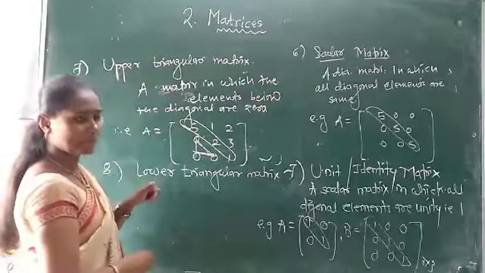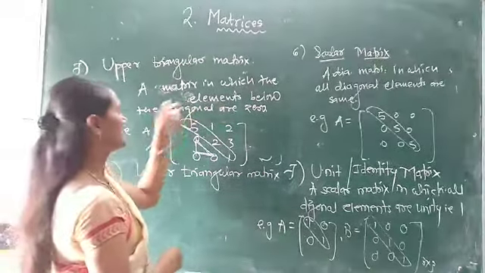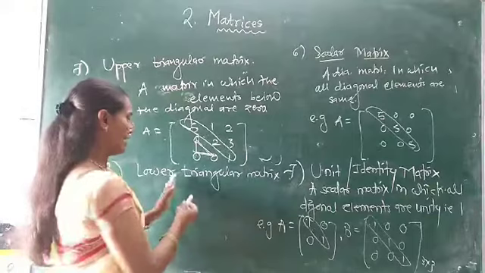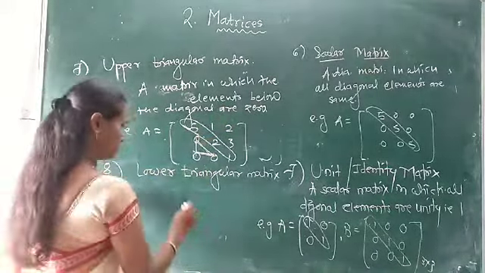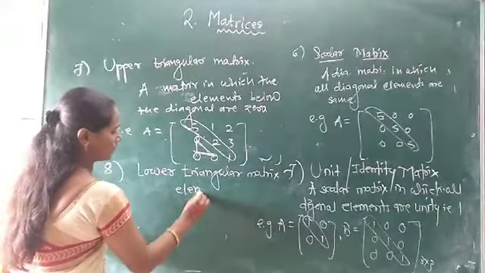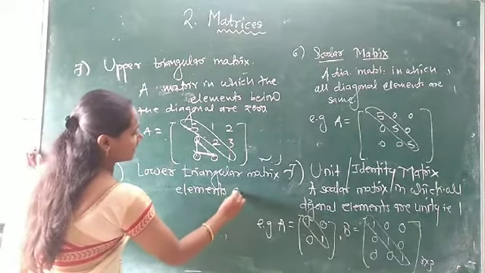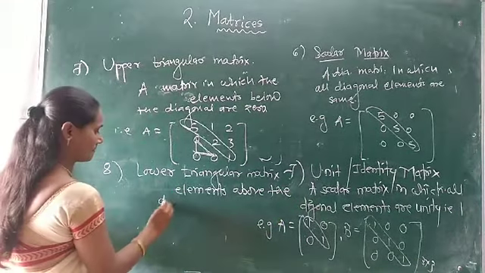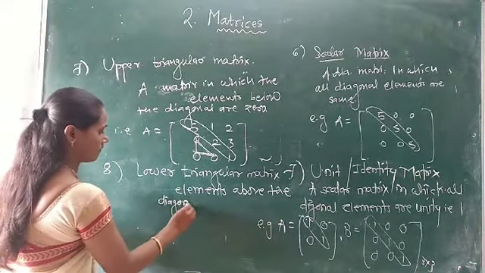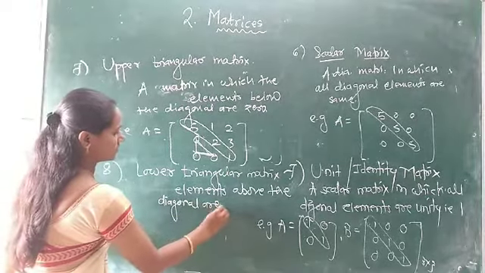It is same as upper triangular, but here we see that the elements below the diagonal are 0, and in lower triangular we say that the elements above the diagonal are 0.